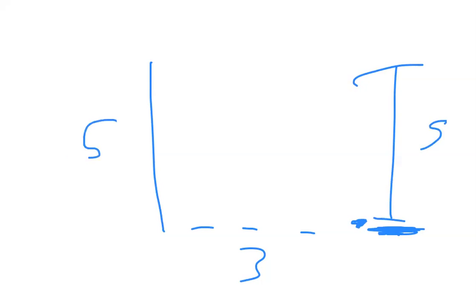If the distance between Polly and the top of the statue, from here to here, is 5 meters, so this is 5.